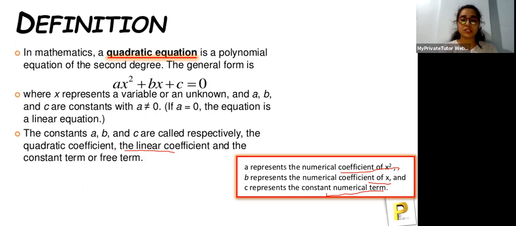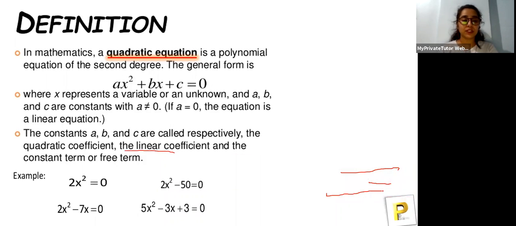Okay, so let's check some examples for this. So 2x square is equal to 0. Now you can see that bx and c are not present. How could this be a quadratic equation? Now if you observe, the condition was b and c can be 0, but a should never be 0.